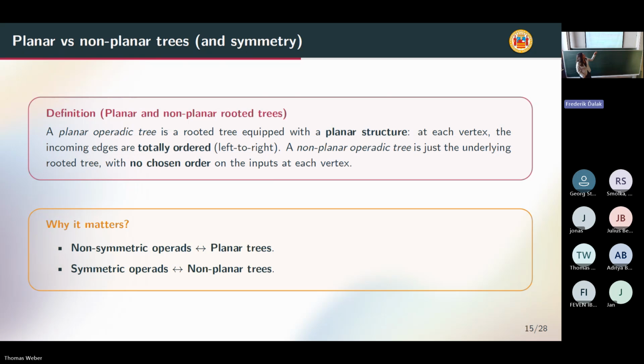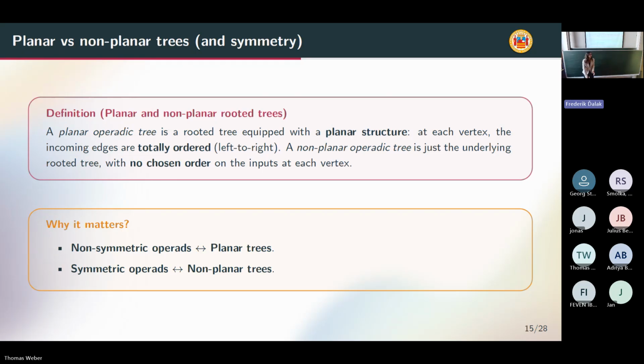But then, on the other hand, the non-planar trees are trees in which we do not have this order, and they can be thought of like trees embedded in a three-dimensional space.